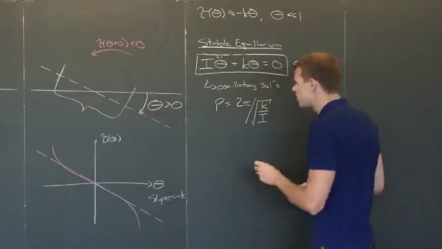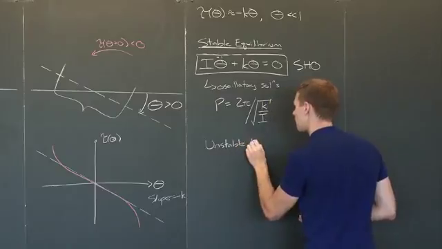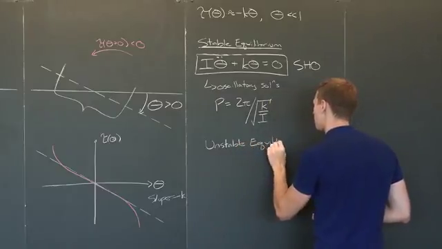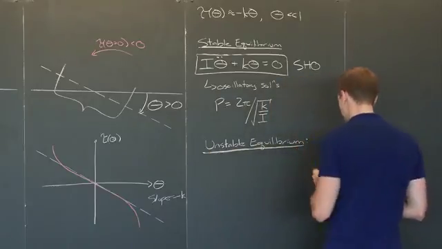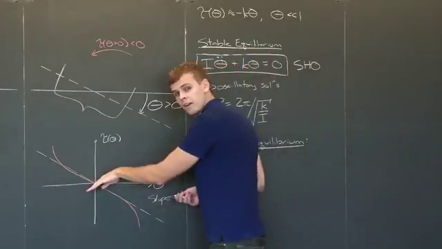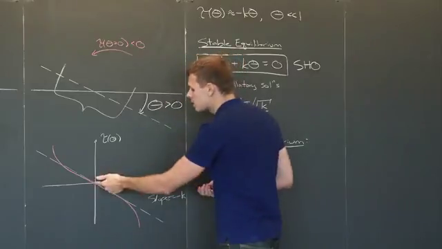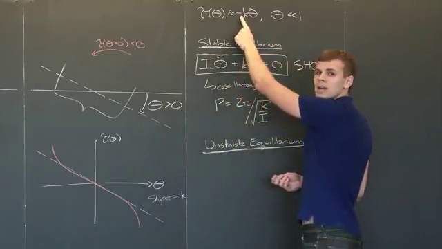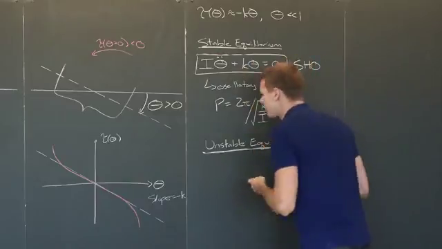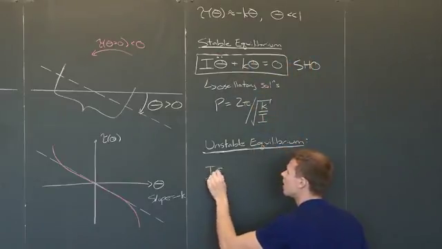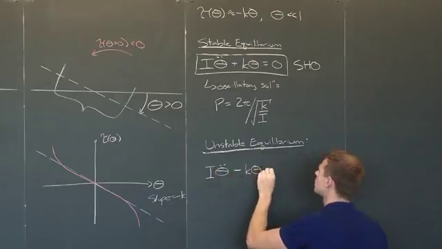In the case of an unstable equilibrium, the torque near the equilibrium will have a positive slope instead of a negative slope. This positive slope will mean that this negative sign becomes a positive sign, and so this positive sign becomes a negative sign, giving the equation I theta double dot minus k theta equals 0.